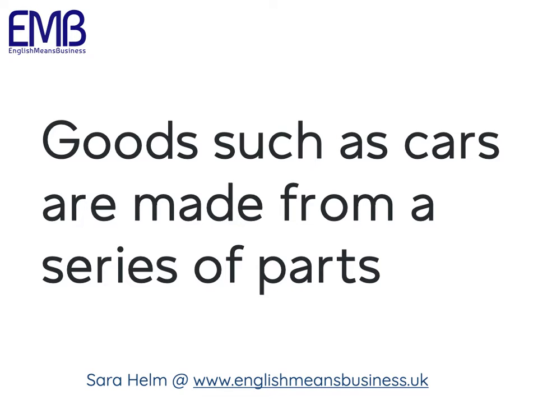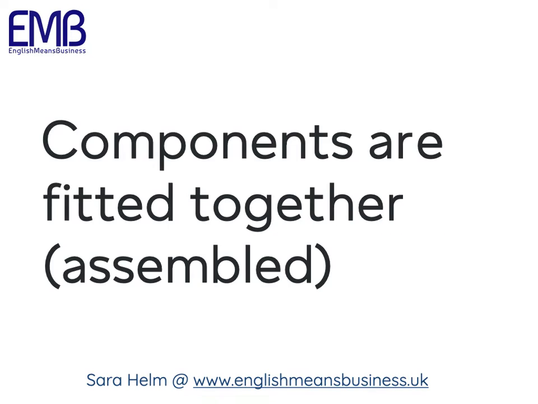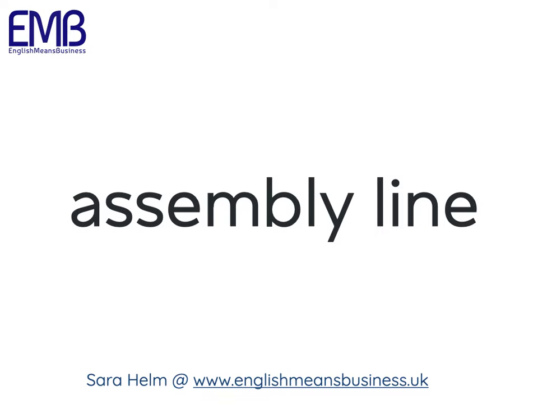They are processed. There has been some processing already. And these parts are generally known as components. Components are fitted together or assembled on an assembly line. So sometimes we talk about production line and sometimes we use the term assembly line.